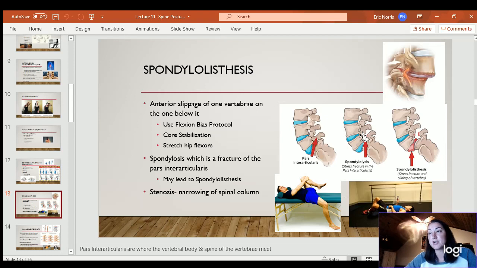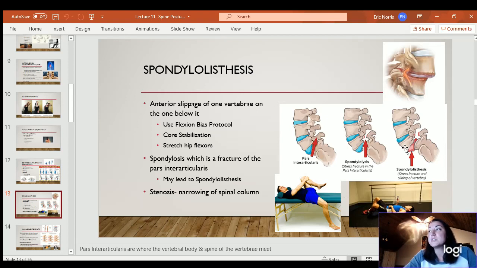There's a fracture there, which is called spondylosis, and if that happens, then it frees that area up to slip forward. If that's connected, it can't slip forward. But if it is fractured, then it frees it up to slip forward and for spondylolisthesis to happen.